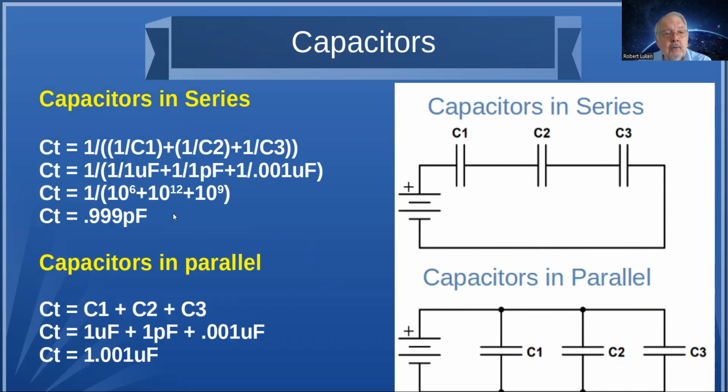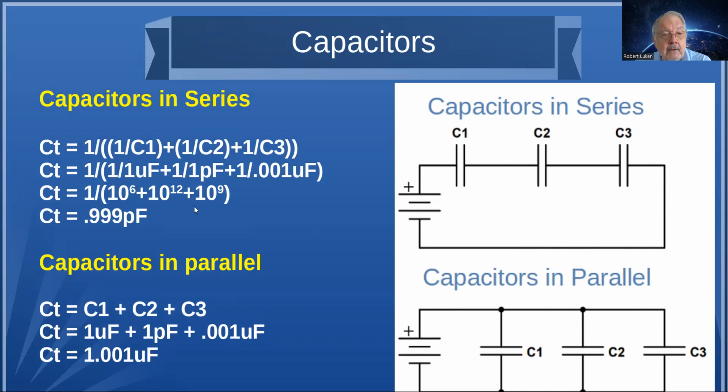Just another example showing a 1 microfarad capacitor, and you need to be familiar with these prefixes. And some of the test questions will be to convert from picofarads to microfarads and things like that.